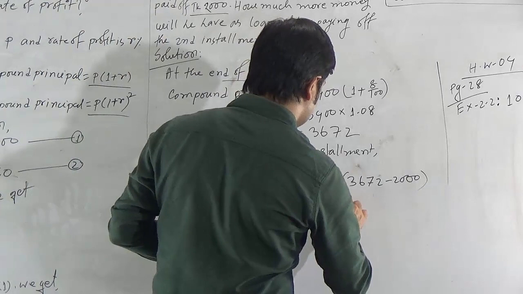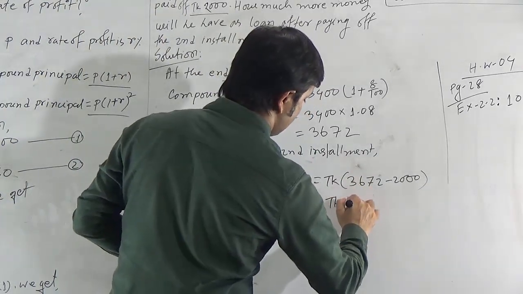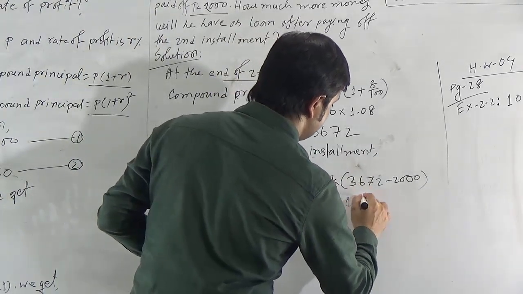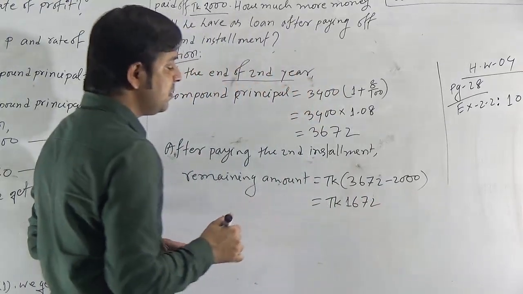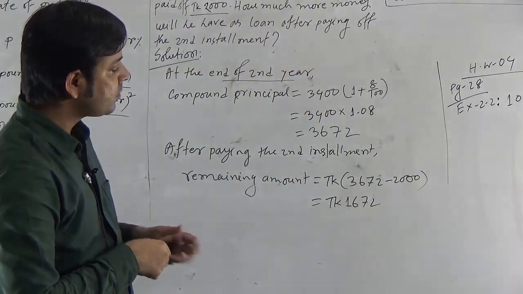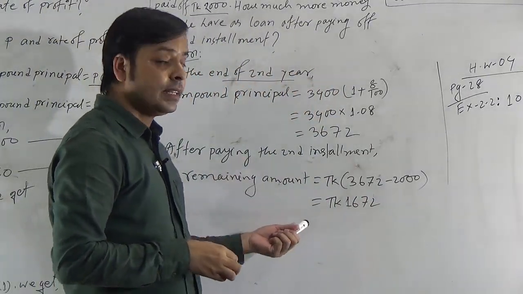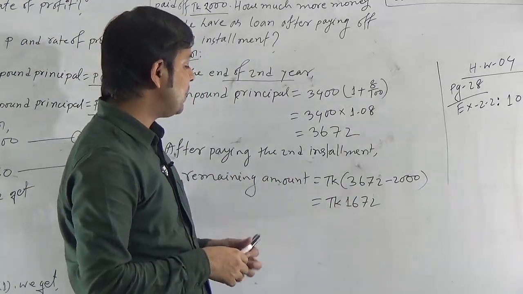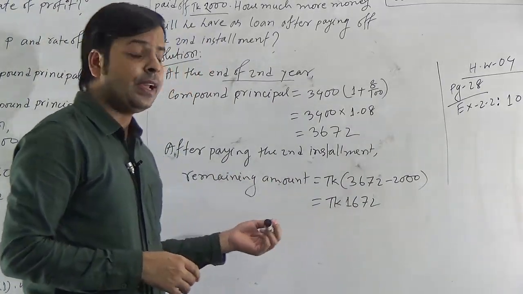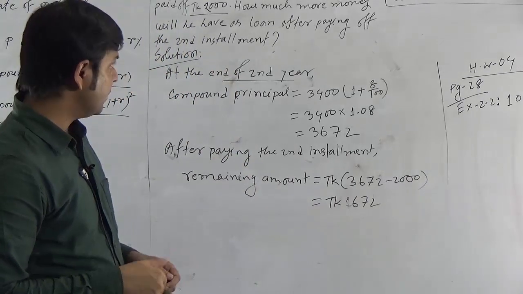Now if we subtract, we will get 1672 taka. This amount of money the person has to pay to the organization.